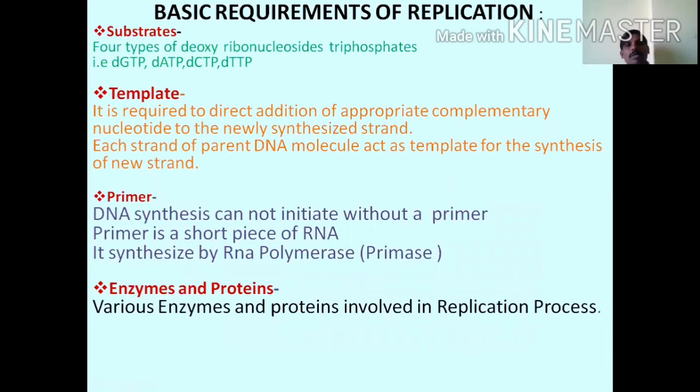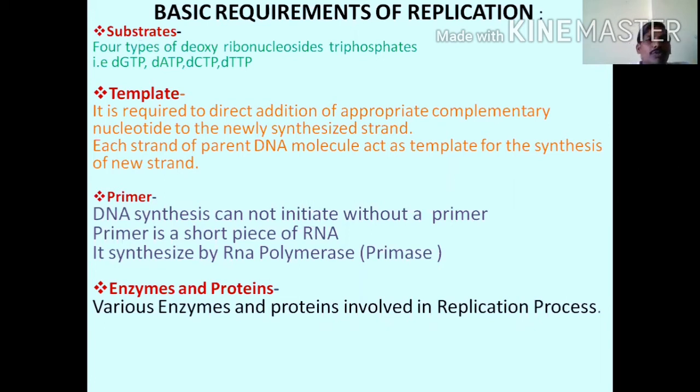So what are the basic requirements of replication? Replication is nothing but a duplication of the DNA molecule. It requires some components. For example, the first one is substrates. Substrate means that without new nitrogen bases, there is no chance to produce a new DNA molecule.